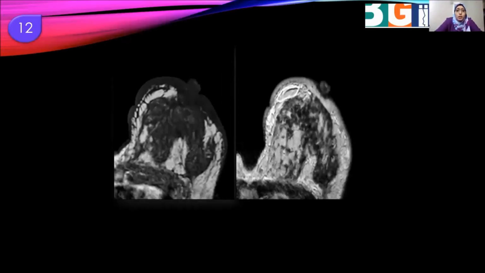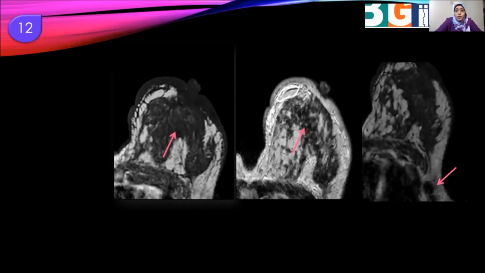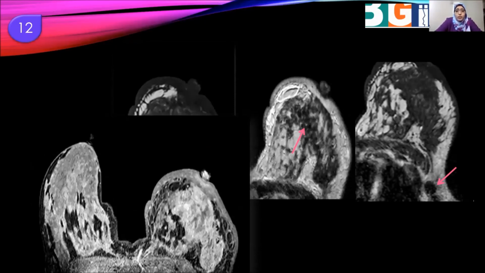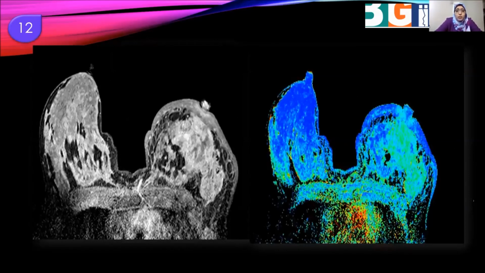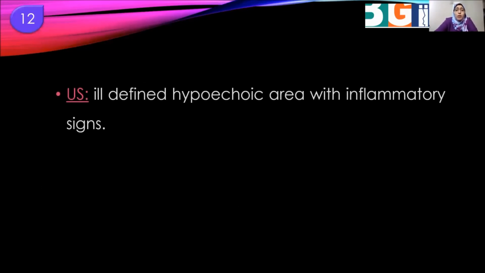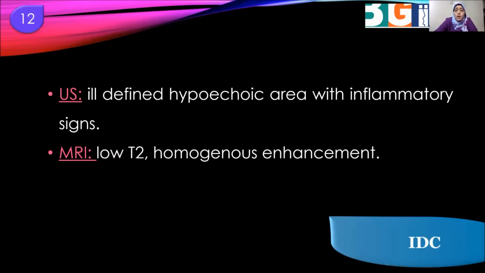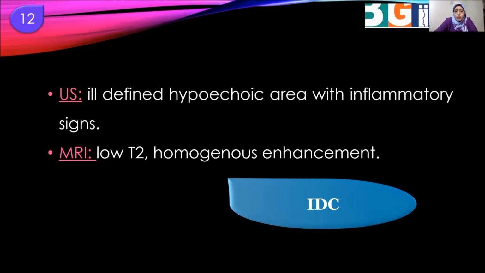And on MRI, she showed the area being low T1 and low T2 with overlying interstitial edema and the pathological lymph node. On the dynamic study and the maximum relative enhancement image, there is homogeneous enhancement of the area. So together the ultrasound and the MRI findings along with the biopsy confirmed an invasive ductal carcinoma.